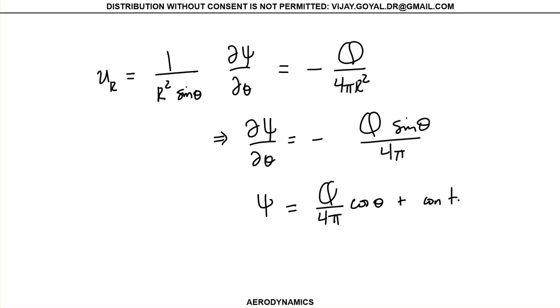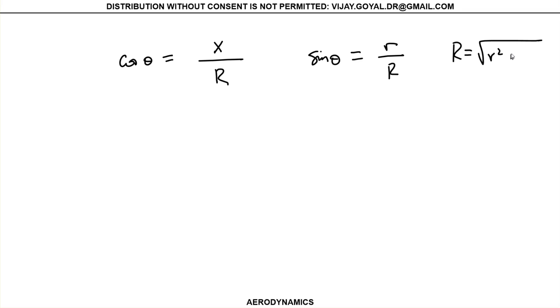Okay, so now the next thing we have to know from the problem is what is the cosine of theta? Cosine of theta, we have done this already, is nothing else than x over R. We did that previously. And we know that sine of theta is equal to r over big R. Then your big R is nothing else than your small r squared plus x squared. So from here, your phi would be Q over 4 pi R plus a constant.